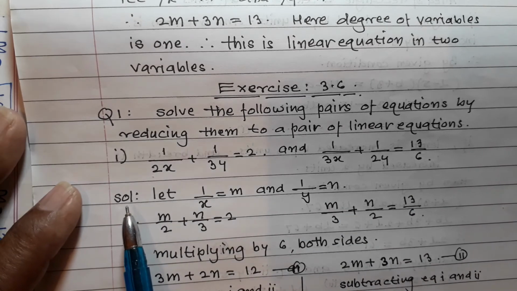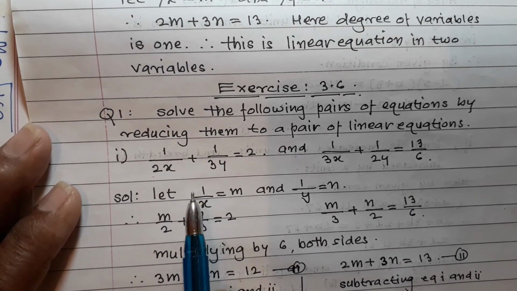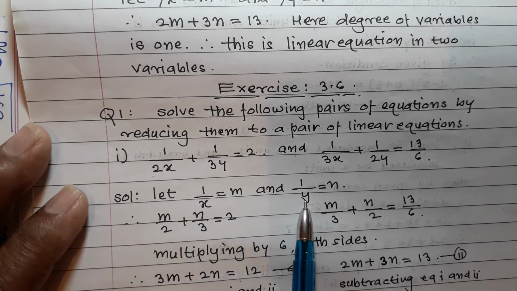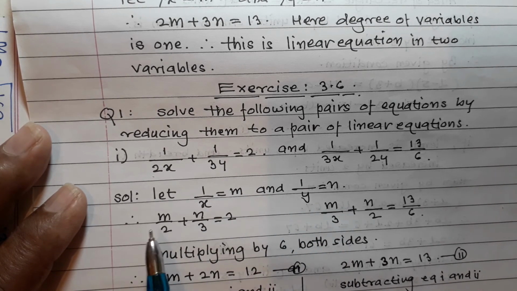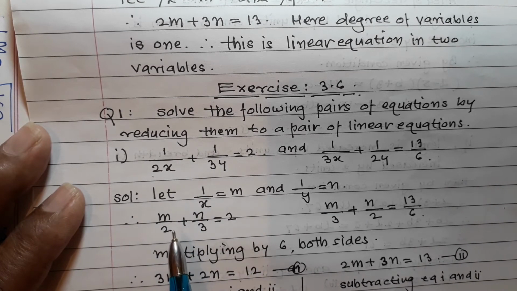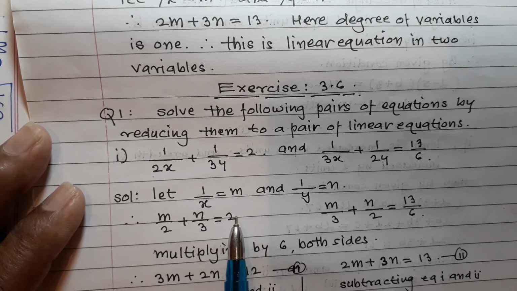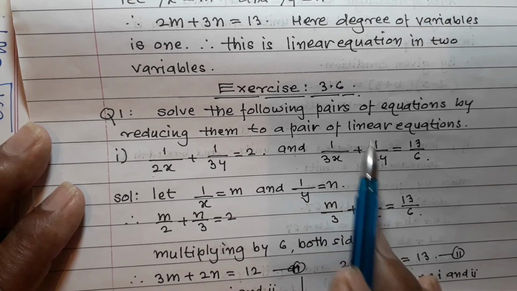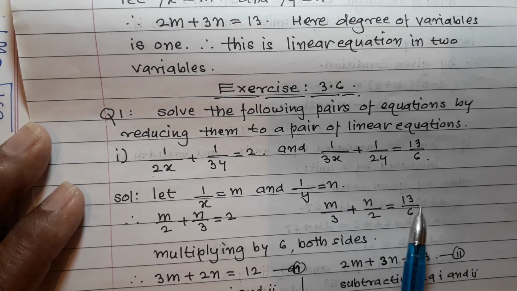So try to understand the solution. Let 1 upon x is equal to m and 1 upon y is equal to n, and therefore now the equations become m upon 2 plus n upon 3 is equal to 2, and m upon 3 plus n upon 2 is equal to 13 upon 6.